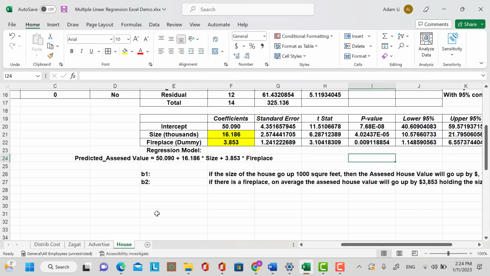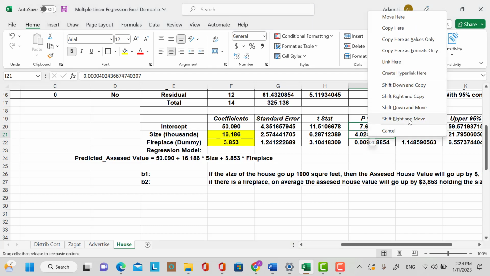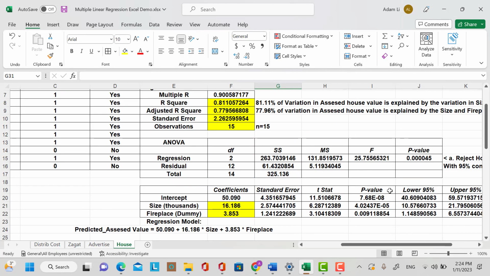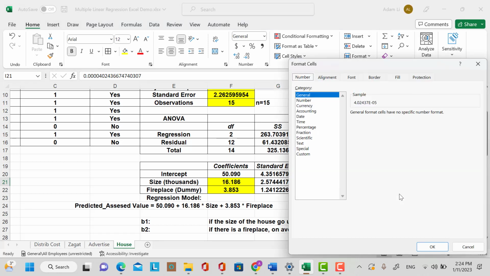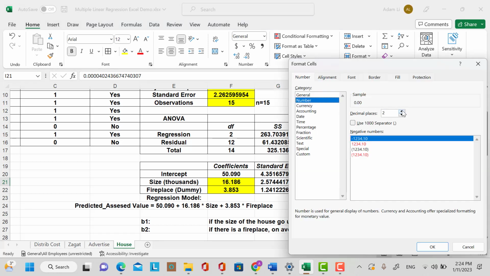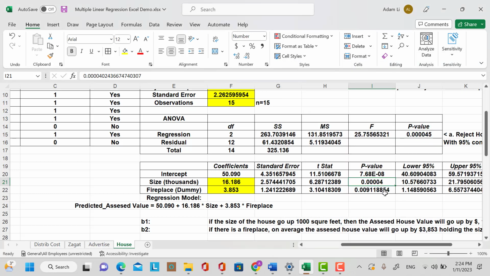So this is 4.02 times 10 to the negative fifth power, which is very, very small. For some reason Excel is acting very weird right now, but it's okay, let me quickly redo that. As you can see, this p-value is very, very small. Both of them are very, very small.